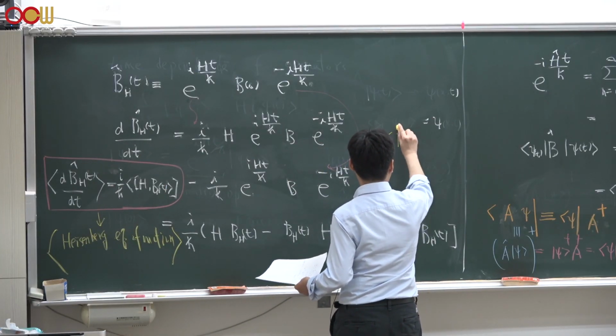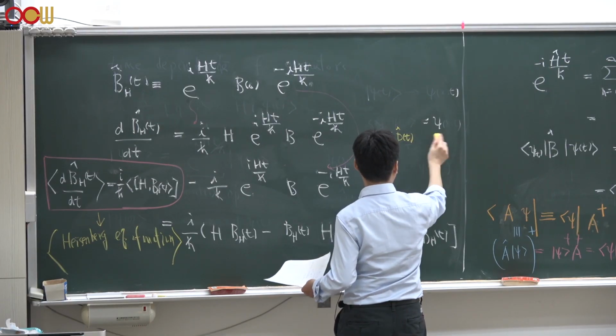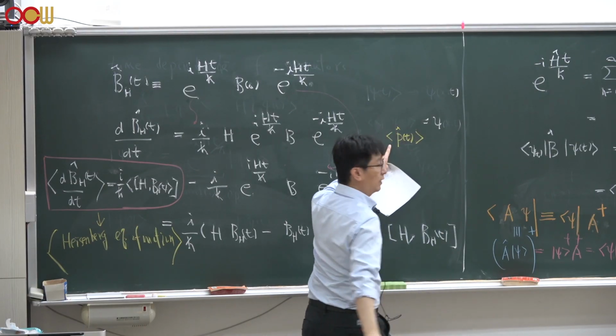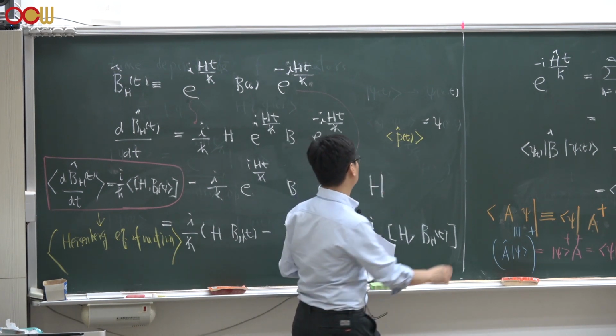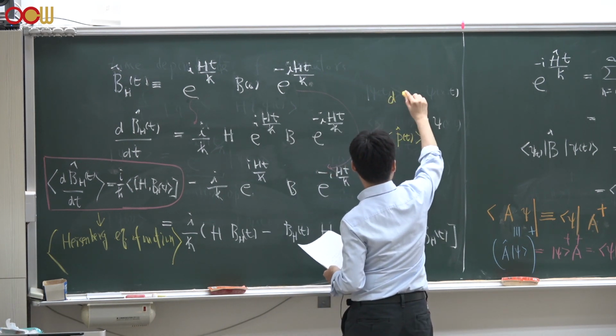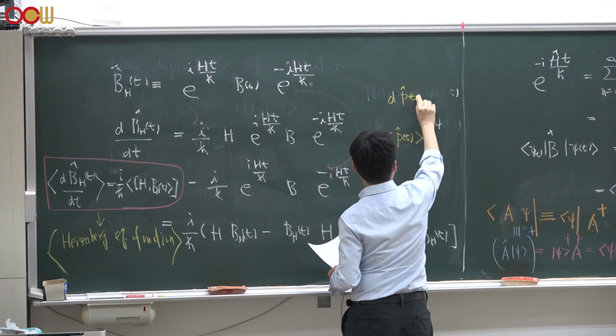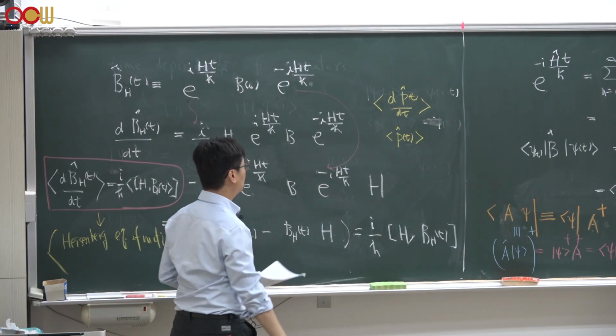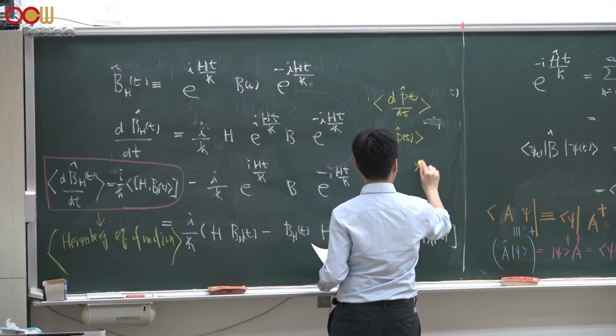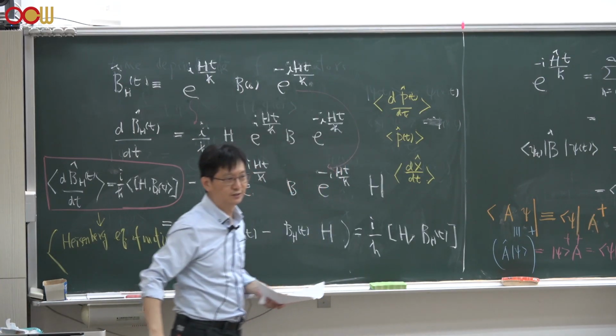So the momentum operator as a function of time, and we take the expectation value of that momentum operator, following this Heisenberg equation of motion, and we should calculate this quantity dp/dt and take the average value, and also we calculate dx/dt and then take the average.